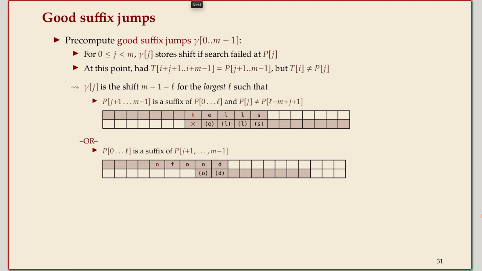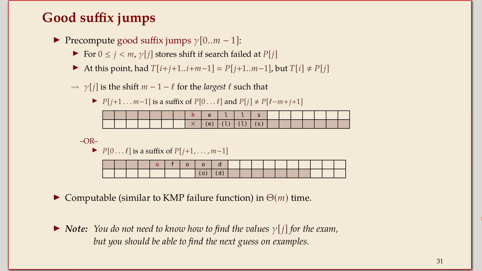This is, again, the two cases explained more closely, what exactly is going on. One remark I want to make at this point is it was easy to compute this last occurrence of every character in the pattern. It's not quite obvious how to compute this heuristic, but you can do something based on the KMP failure function. I promised you last time we talked about the failure link automata.